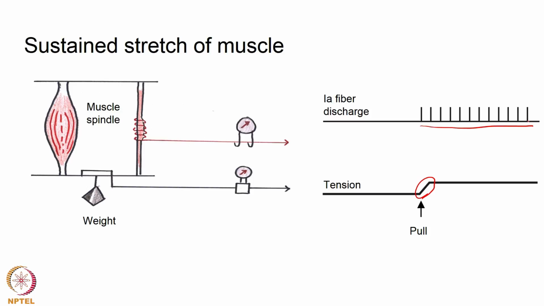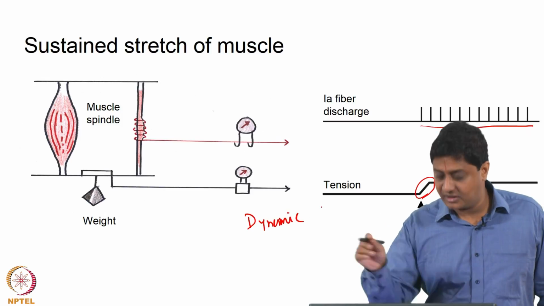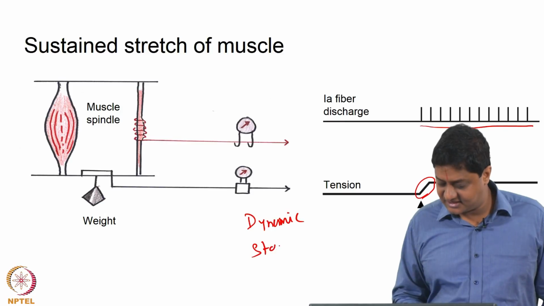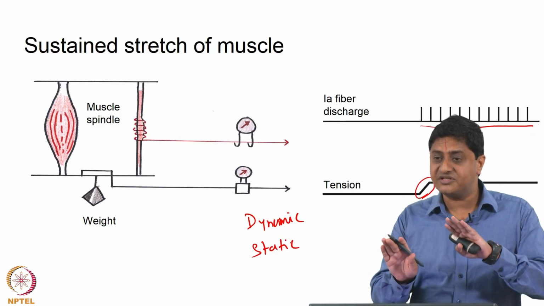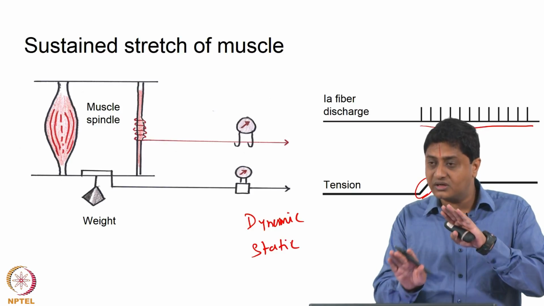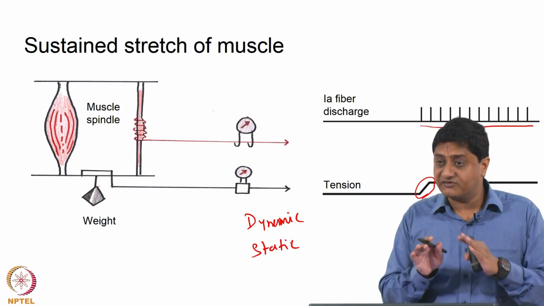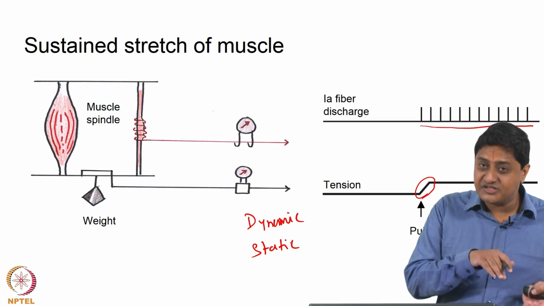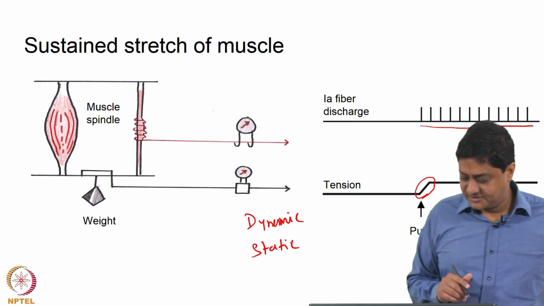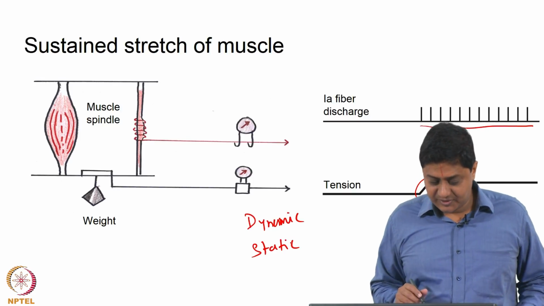And let us also remember that there is both dynamic sensitivity, that is adjusted by changing the input to the dynamic gamma motor neuron, and static sensitivity, that is adjusted through the static gamma motor neuron. So, depending on how I change the inputs to the dynamic and static gamma motor neurons, the 1A system can function either as a velocity sensor or a length sensor, is it not? So, that is the response.